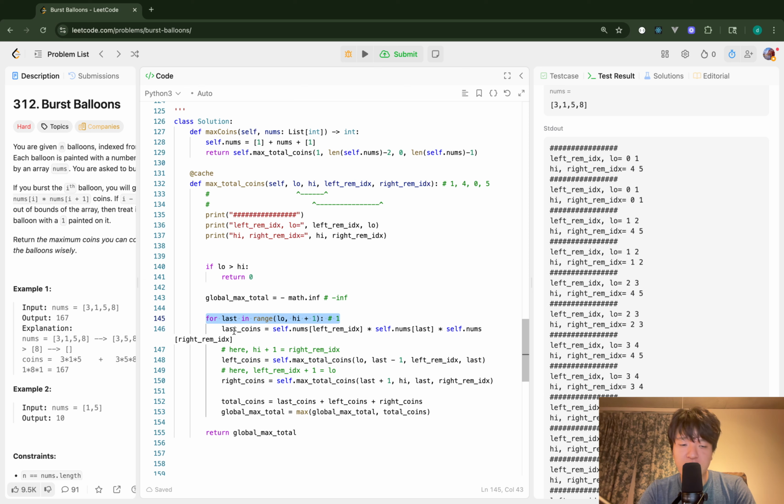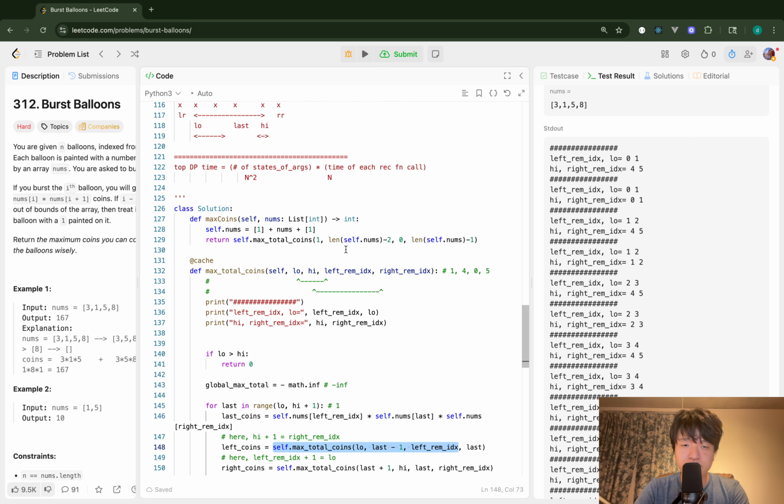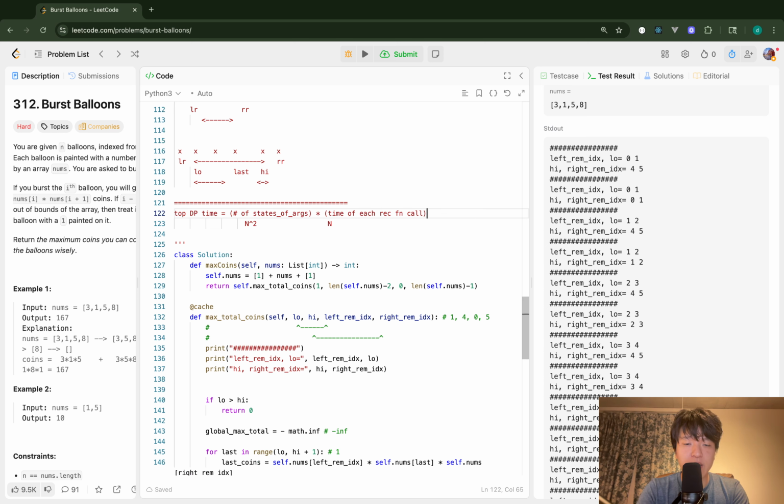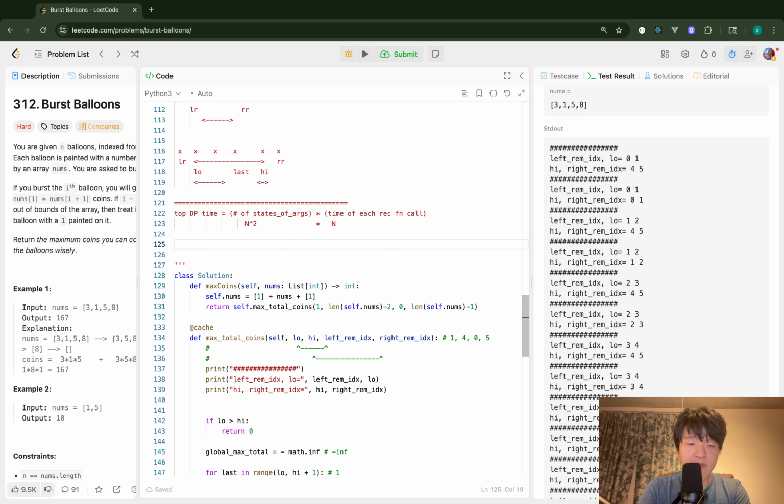Aside from that, all the operations are constant. So it should be O of n time complexity, excluding another recursive function call. So the time complexity should be O of n cubed.